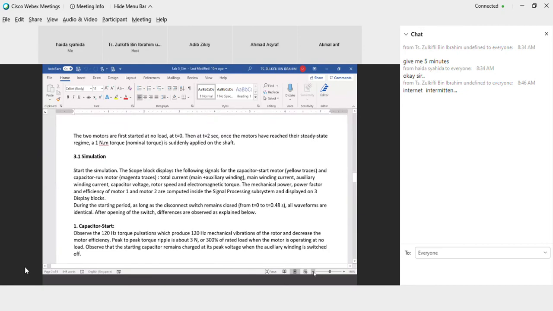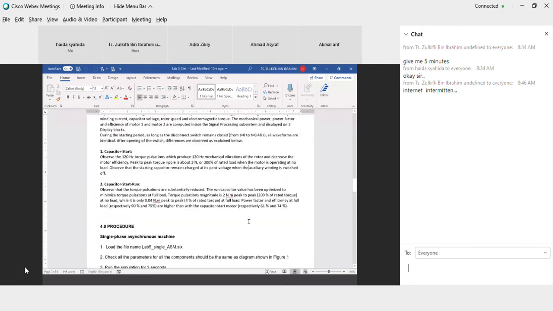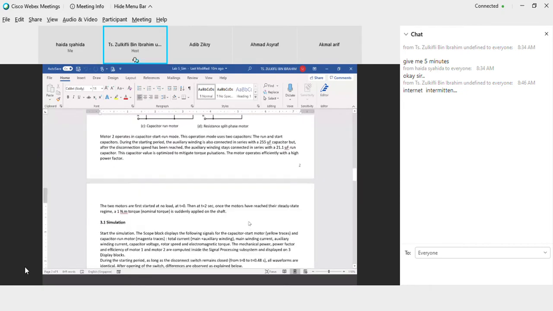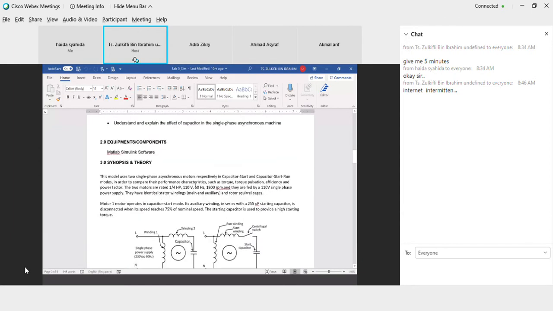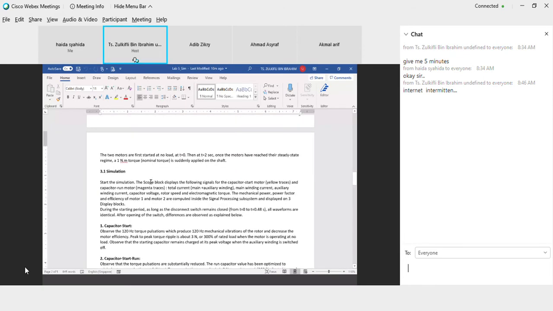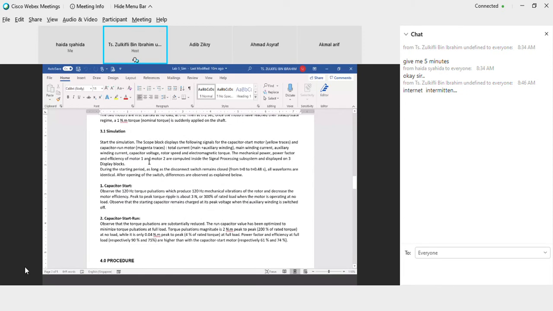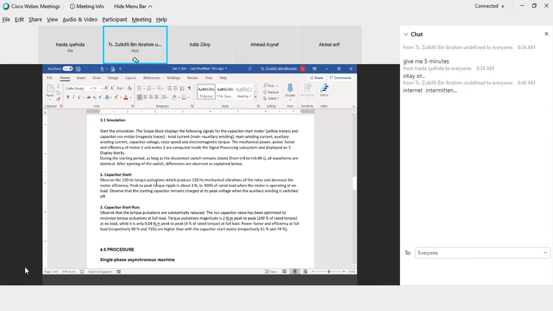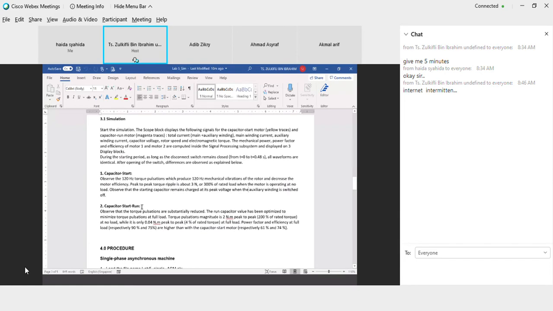All this information about this lab, about this machine, I think has been well written in your synopsis in the labs. And for the simulation, this is a brief of the simulation process and the information about the capacitor start motor, and also the capacitor start run motor.